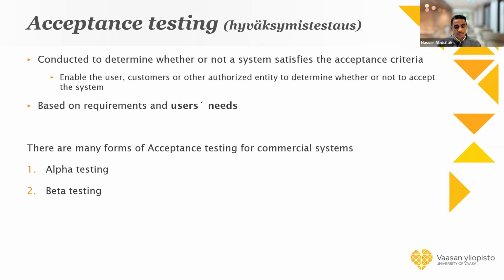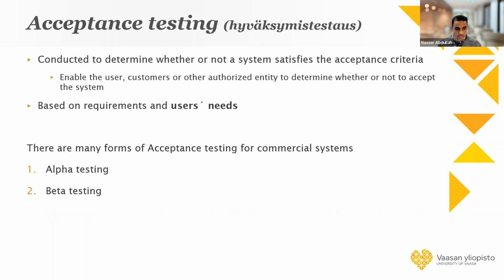Here we have two types of acceptance testing, either alpha testing or beta testing. When we talk about alpha testing, that means we have a person or team who will test the application, but this team is in-house, from the development team or from the same company.